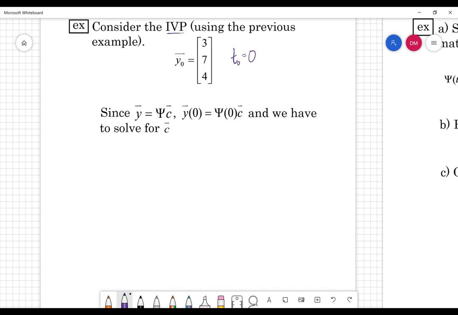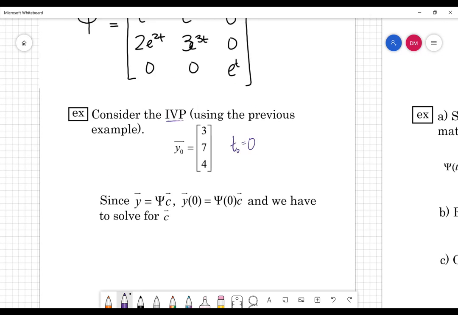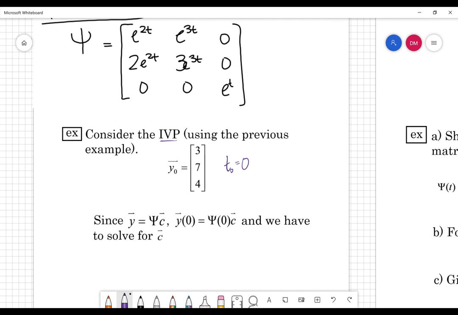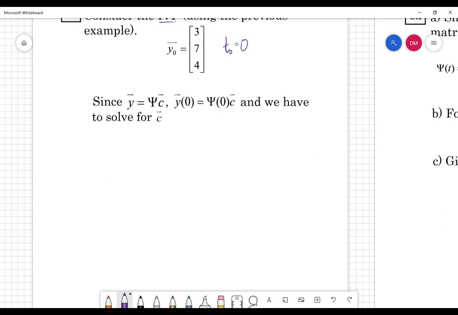We are going to evaluate our fundamental matrix at 0. So if I plug 0 in for t everywhere that I have a t here, I will get my fundamental matrix evaluated at 0, which will look like this.